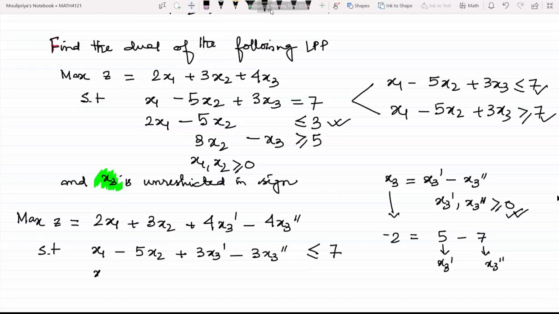Then we have x1 minus 5x2 plus 3x3 dash minus 3x3 double dash greater than equal to 7. Then we have 2x1 minus 5x2 less or equal to 3.